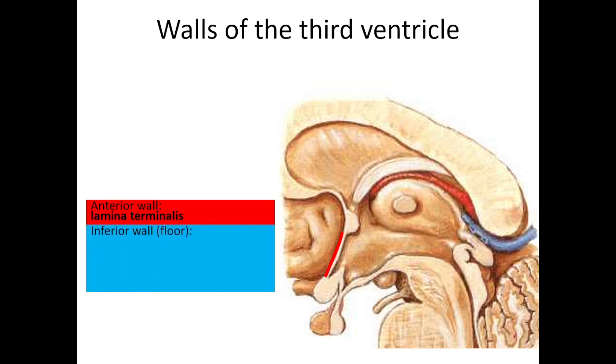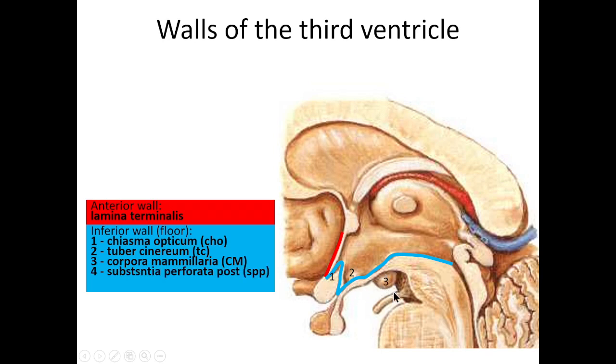Now, inferior wall of blue color consists of chiasma opticum, number 1, tuber cinereum, number 2, corpora mammillaria, number 3, and substantia perforata posterior, number 4.